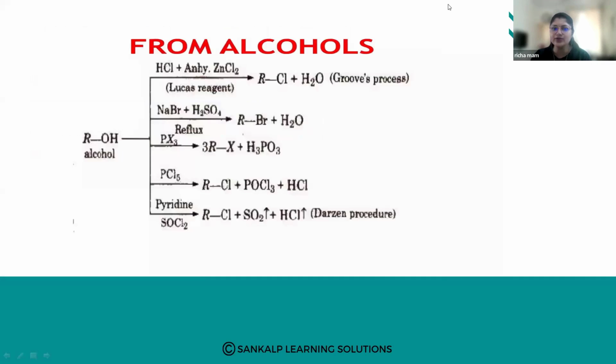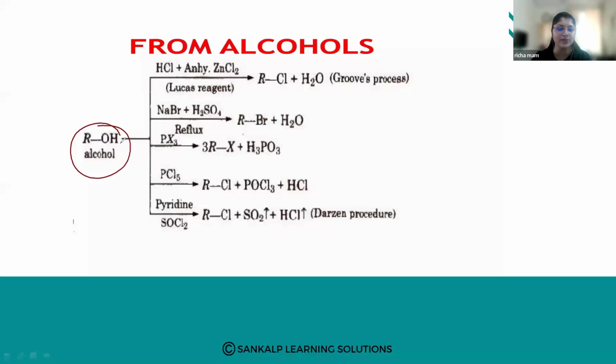So first we are going to see how you can prepare the haloalkanes from alcohols.